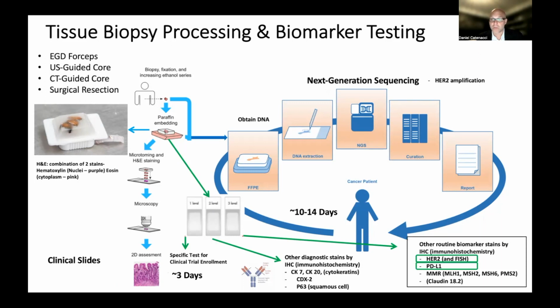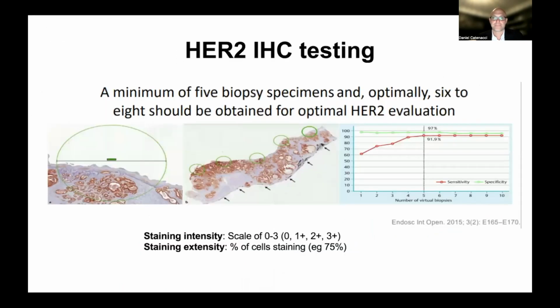In this talk, we're also going to talk a little bit about PD-L1 testing by immunohistochemistry, because that may be pertinent when we're talking about adding an immunotherapy drug to the standard chemotherapy plus anti-HER2 therapy.